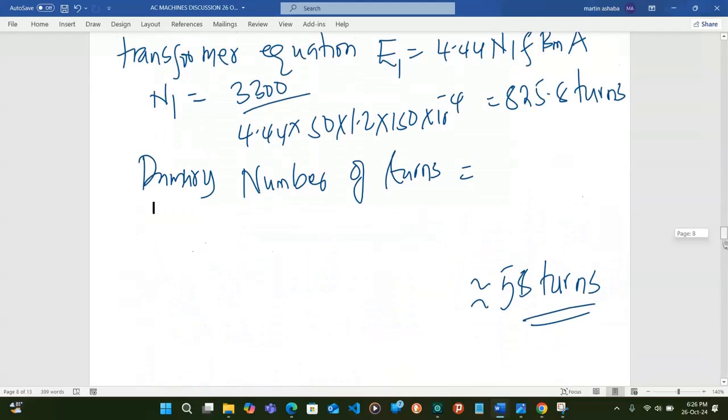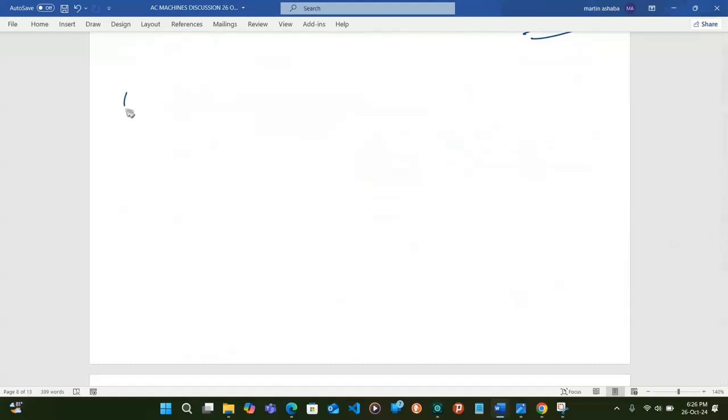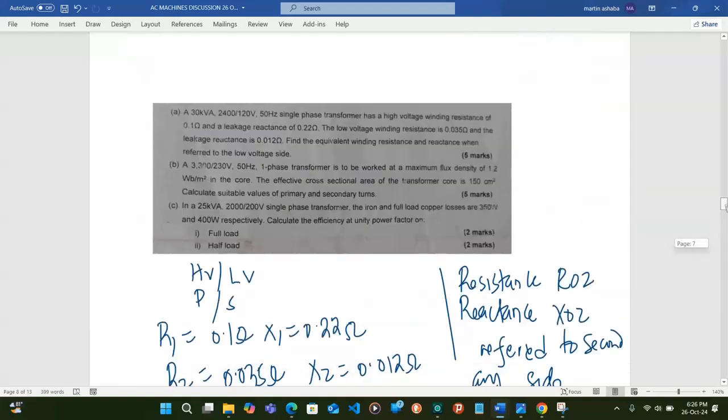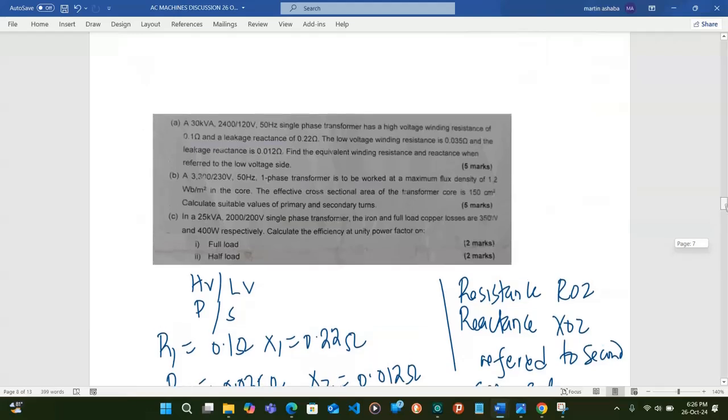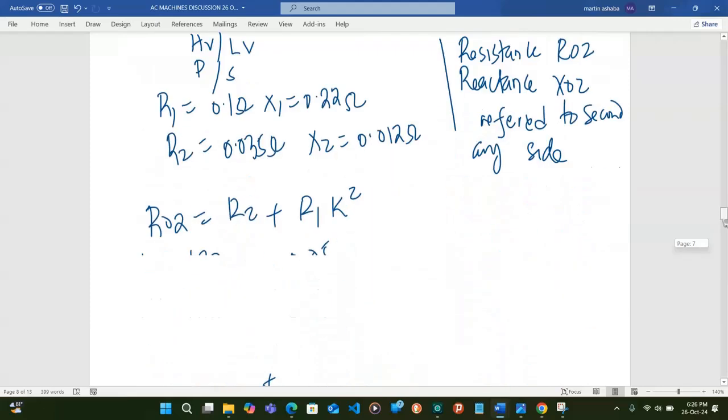Part C. So let's look at part C. In a 25 kilovolt ampere 2000/200 single phase transformer, the iron and full load copper losses are 350 and 400 watts respectively. Calculate the efficiency at unity power factor on full load and on half load.